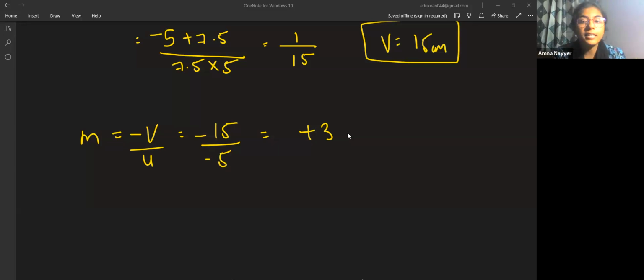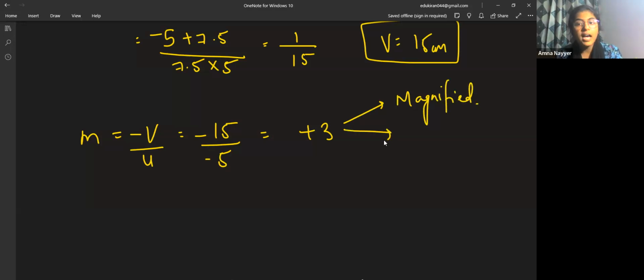And if magnitude is greater than 1, then it won't be diminished. It would be magnified. Signs are positive. That will tell you that yes, it is virtual, it is erect. Fine. But diminished, it won't be.